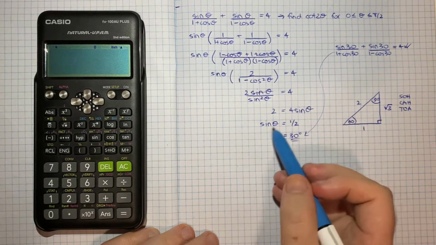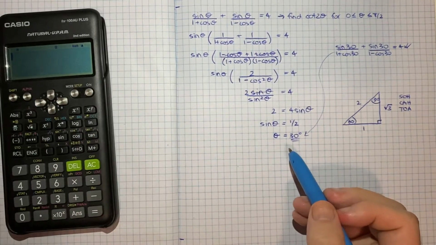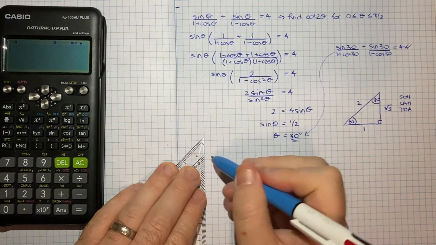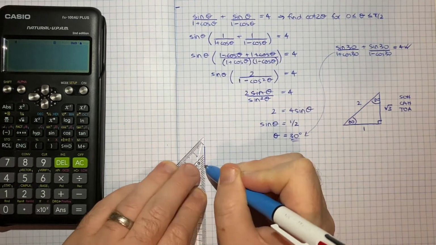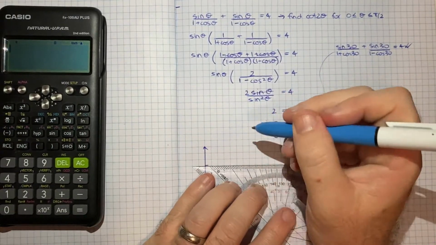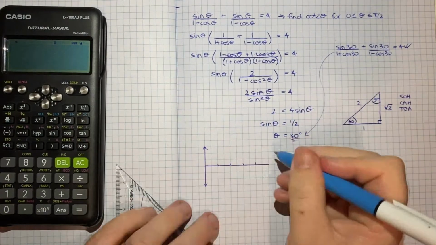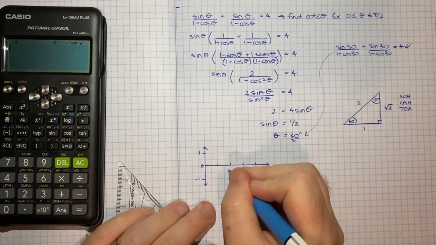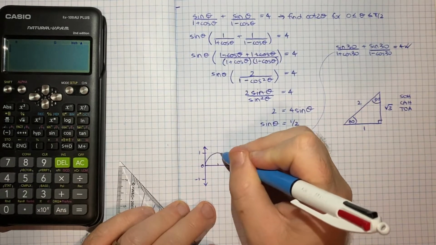And we can also be confident that that's the only solution for theta we need to think about. If I just draw up a little diagram of the sine curve, I'll just do this for up to 2 pi, so we'll go pi, 2 pi, and I'll call this 1, 0, negative 1. So the sine curve looks like this.